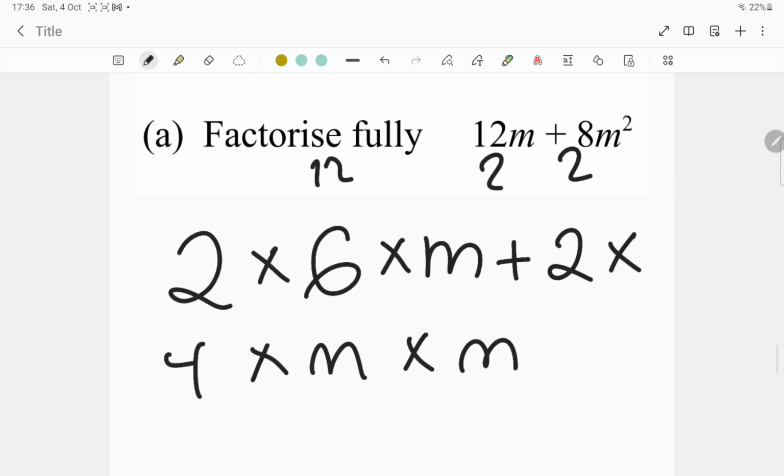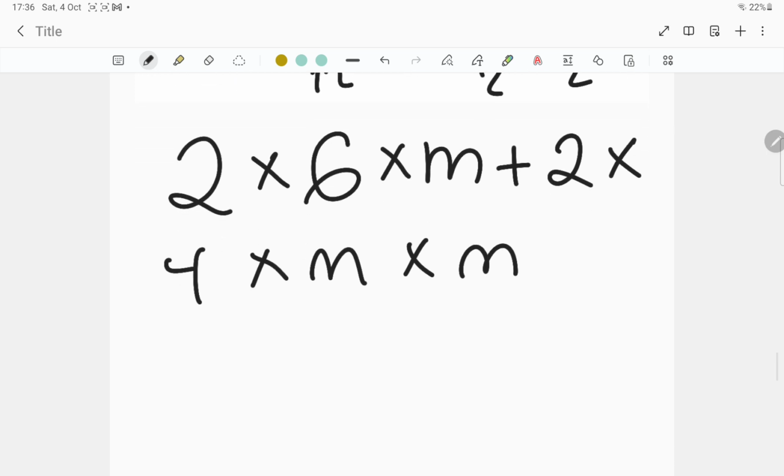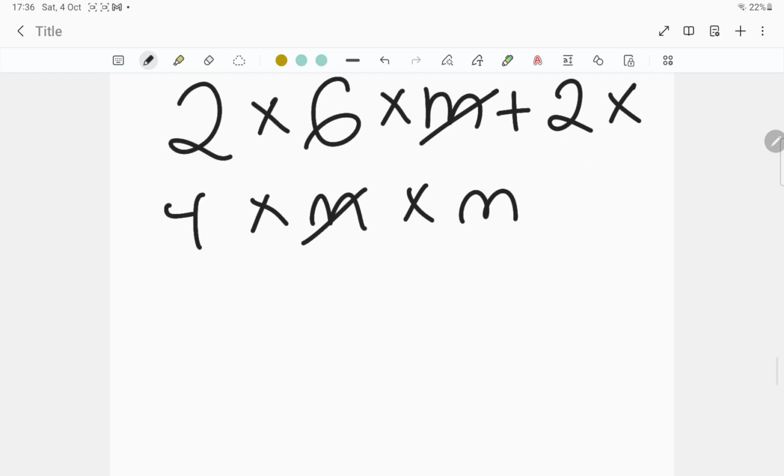Okay, because we've obviously got 2 lots of m's. Now I'm going to cancel out the 2's and an m, so I've got 2m.